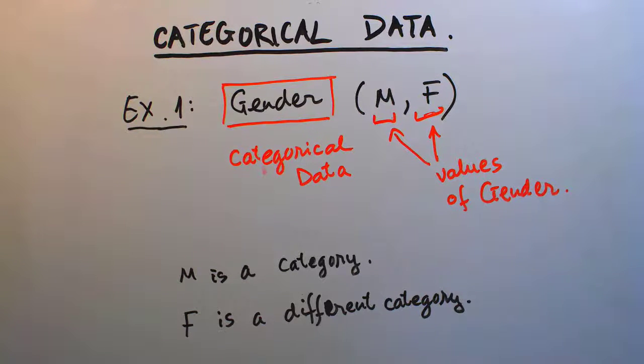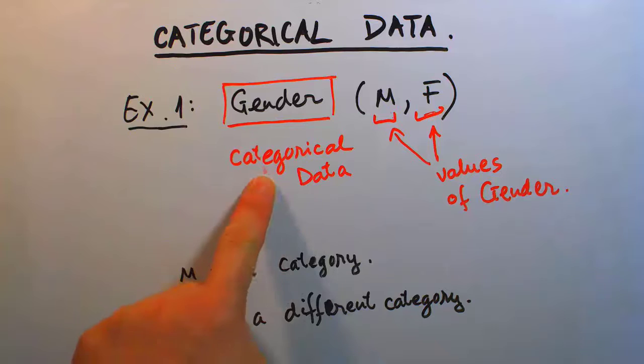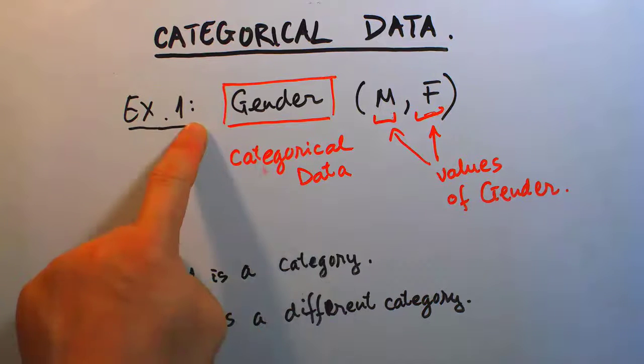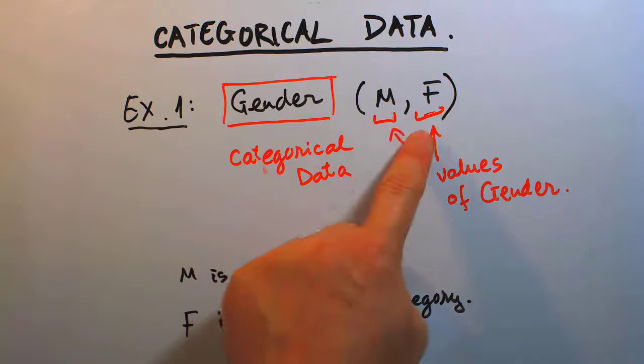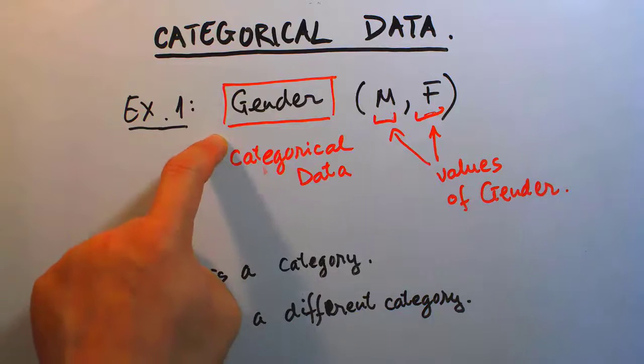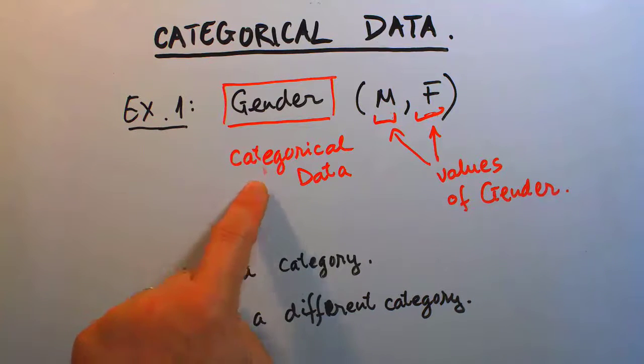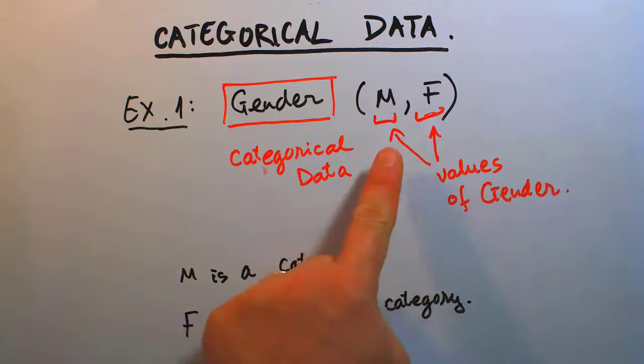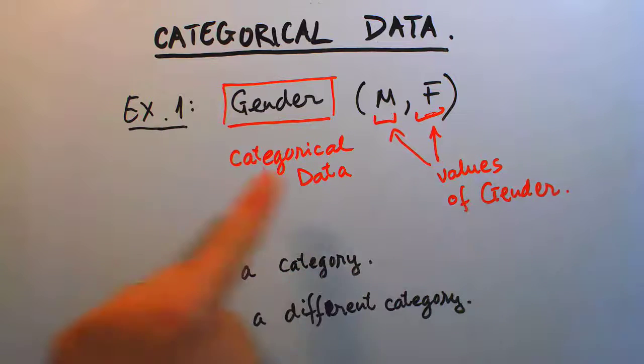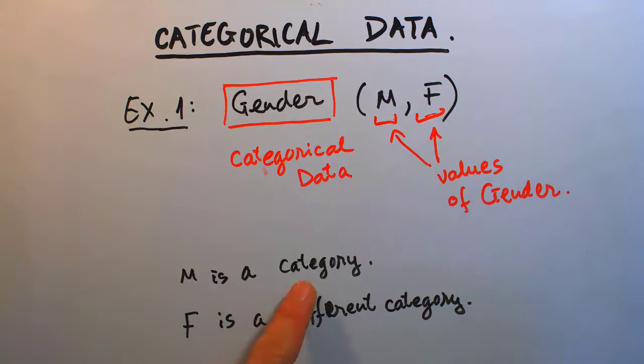And that is why we refer to this bigger class of data here, gender being the data, having two different values, as categorical data. Each value of a categorical data is a category.